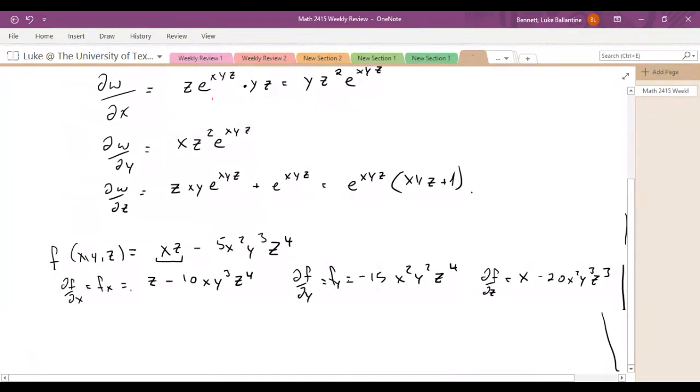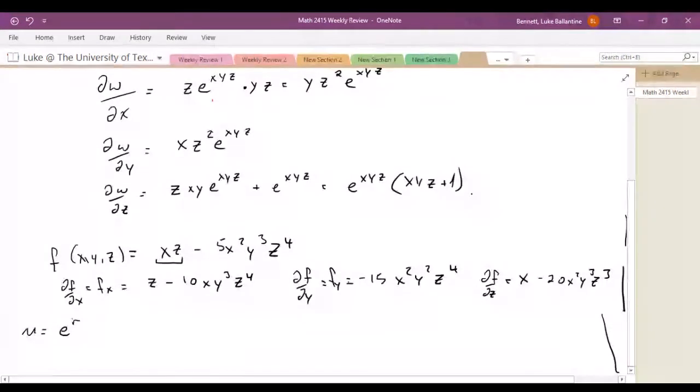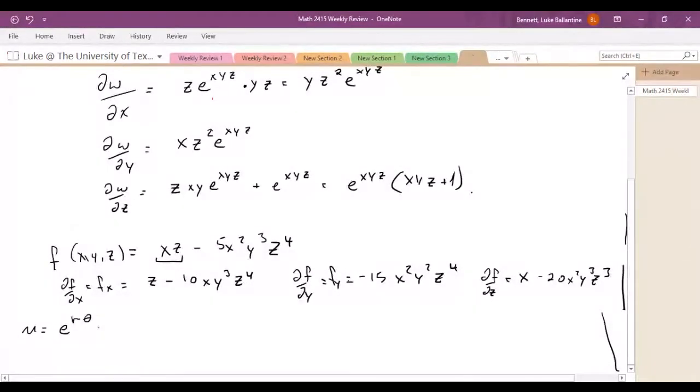Now we have a function. This is the third one. So we have u equals e to the r times theta times sine of theta. And we no longer want the first partials. We want the third partial of u with respect to r twice, with respect to theta.